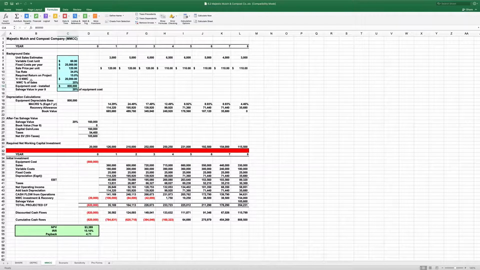The net present value automatically changed for you, $3,389, IRR 15. Now, let's just play around. I put in 50%, if the cost of capital is so expensive. Now you have a problem. See, the net present value is negative 43, so you have to reject this project.